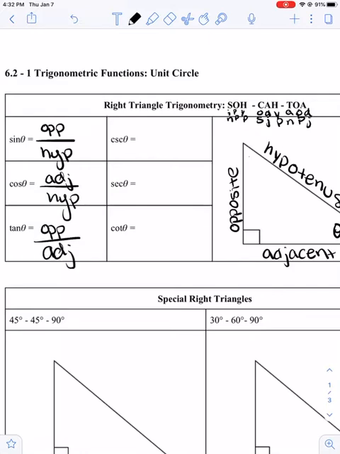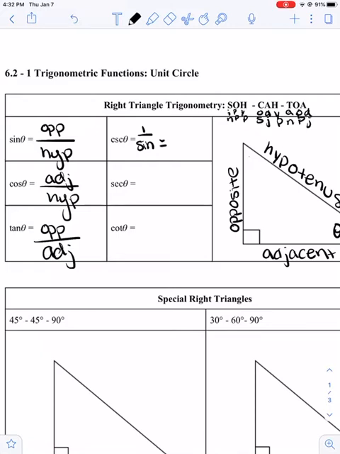So now we have the cosecant, the secant, and the cotangent. Cosecant is just 1 over sine. And really, when we're using opposite, hypotenuse and so on, you just flip what sine is.